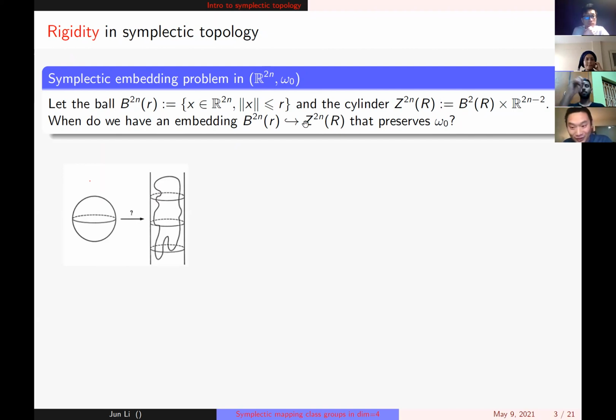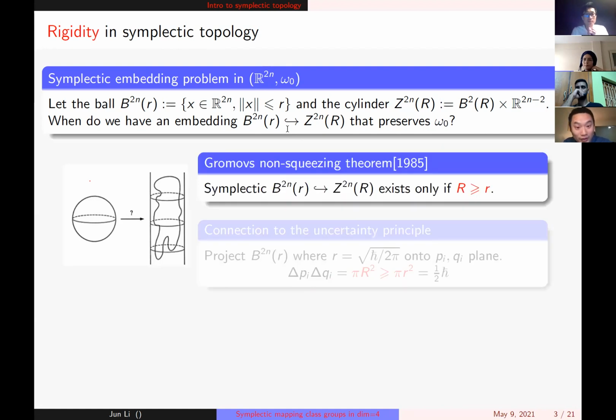In his notation we have B^2n(πr²), whereas here I only have B^2n(r). That's the same object. I am by no means an expert in symplectic embedding problems. We are wondering when we have an embedding from the ball B^2n(r) to the cylinder Z(R), preserving this omega_0 induced from R^2n.